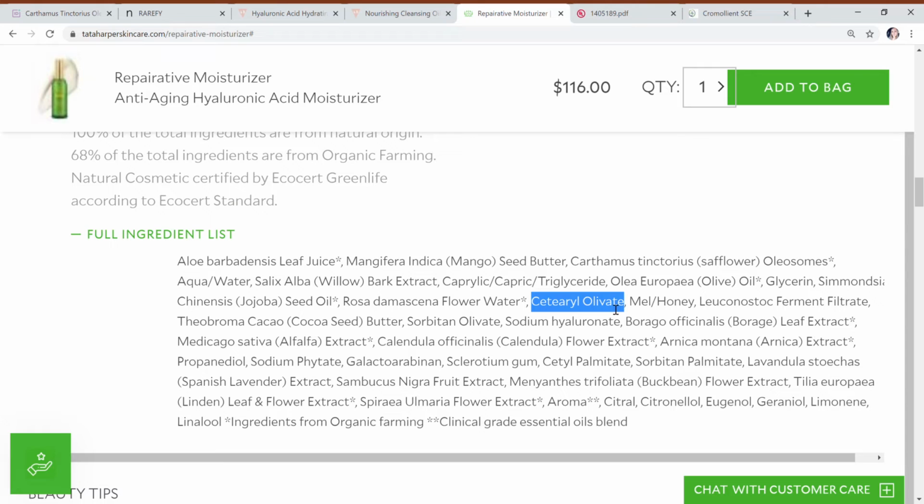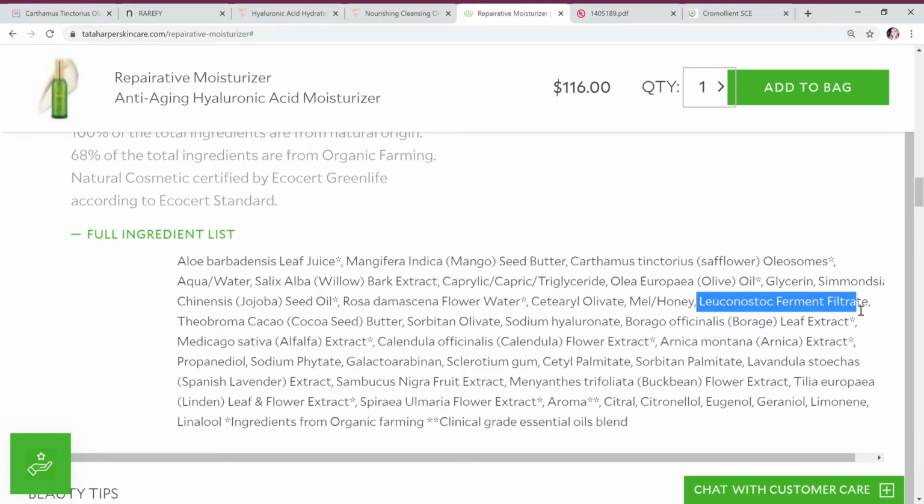We'll talk a little bit more about that in just a minute. Next we have honey, which is a humectant, so that's bringing moisture to the skin as well. So does glycerin and aloe leaf juice. So this definitely is a hydrating moisturizer, and also very moisturizing with the mango butter and the oleosomes.